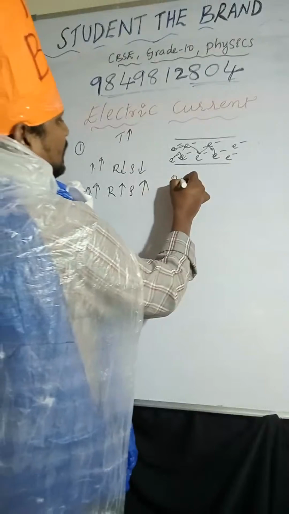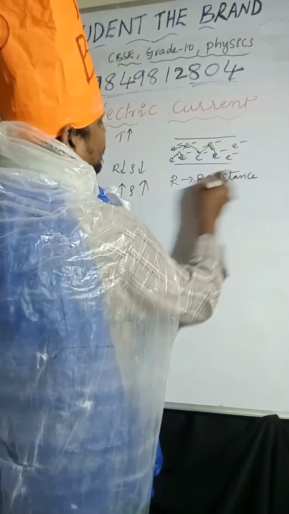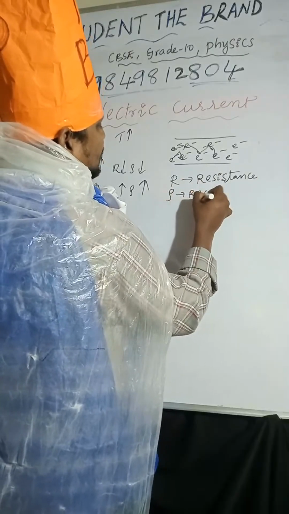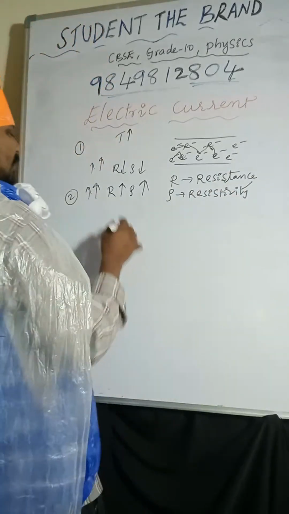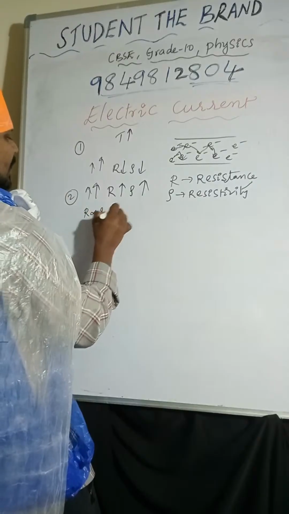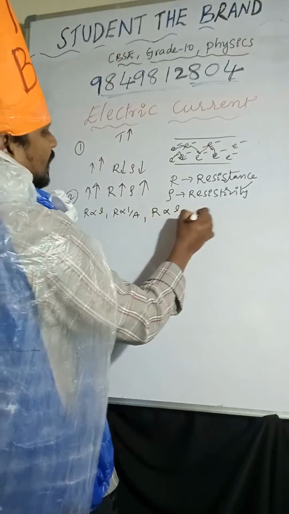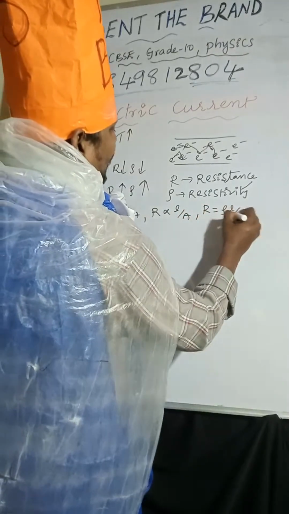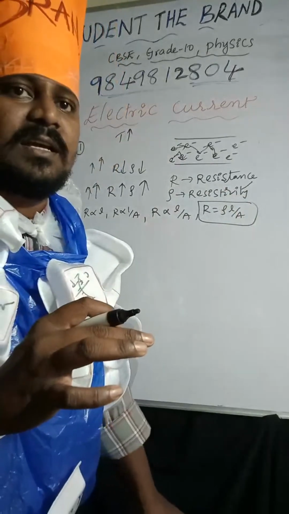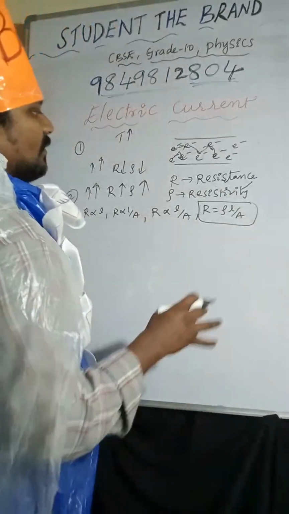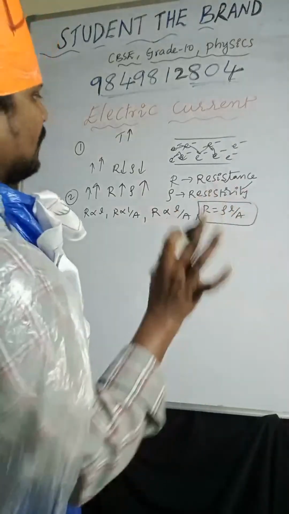So R is the resistance, rho is the resistivity. R is directly proportional to L, R is inversely proportional to area of the cross section, R is directly proportional to L by A: R equals rho into L by A. If temperature increases, length and area of the cross section also increase, but that is very small in comparison, so minimal changes will be there.